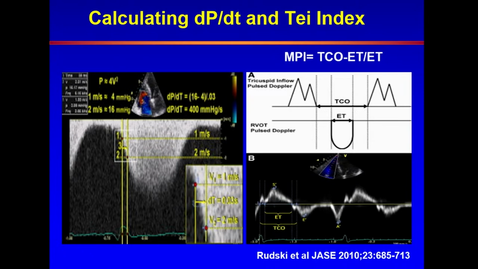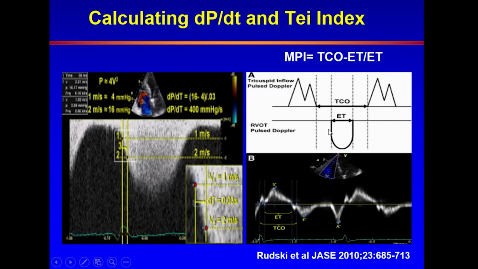How do we do it on the left side, on the right side? You need at least 2 cardiac cycles, and you need Doppler signals from different views. Why do I say that? As you see here, if we look at the time interval between the end of the tricuspid A wave and the onset of the mitral E wave in the second cardiac cycle, that time interval encompasses the isovolumic contraction, the ejection, and the isovolumic relaxation time.